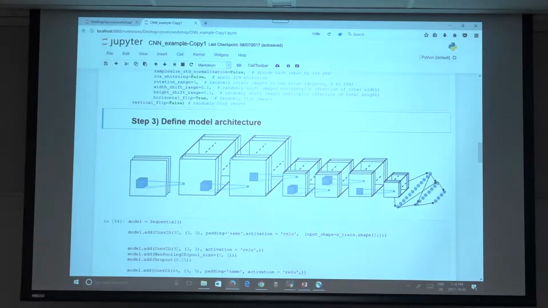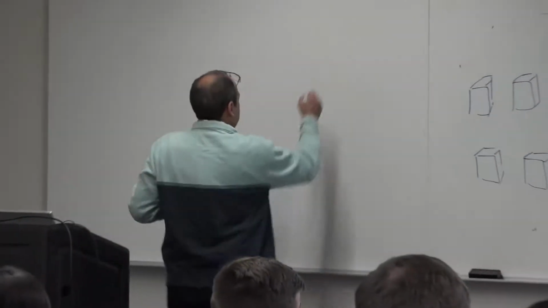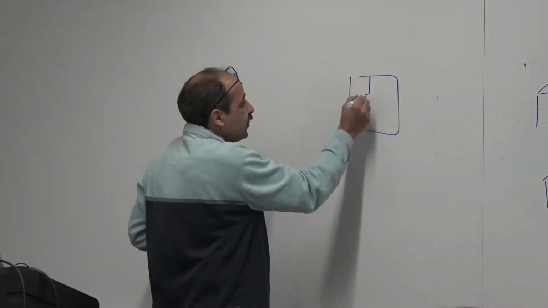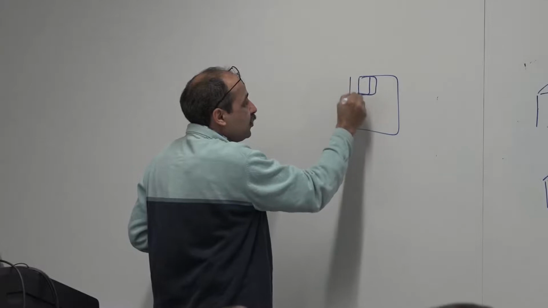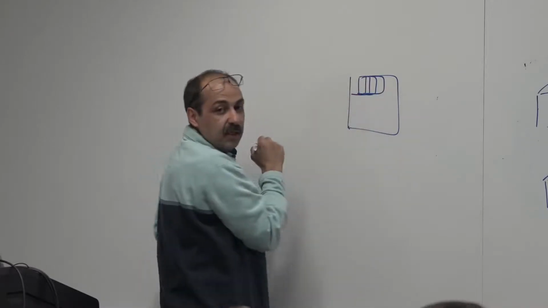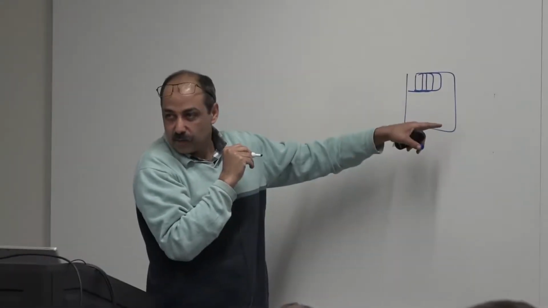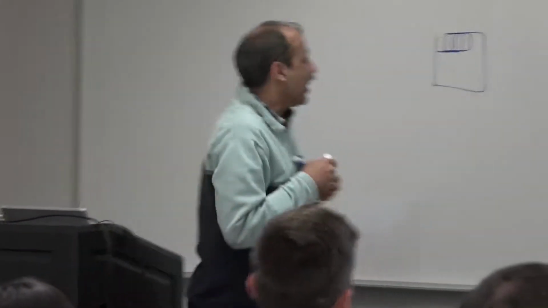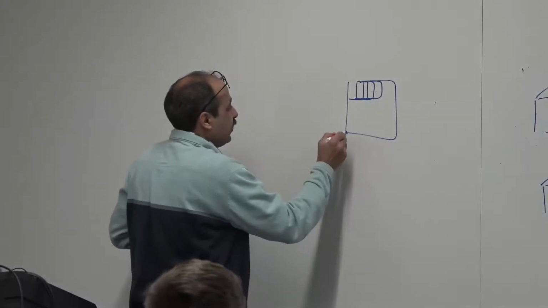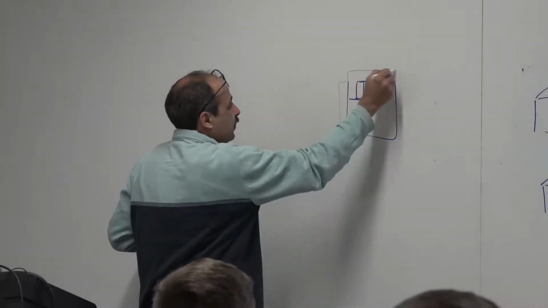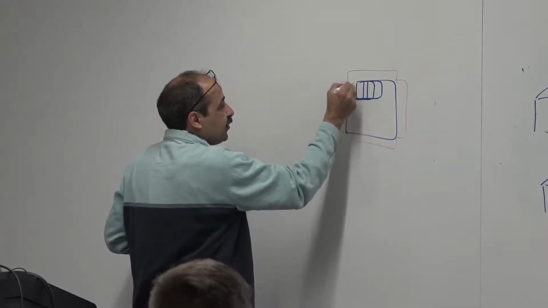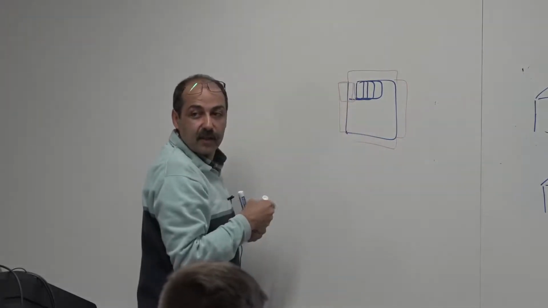Padding means that you have this 32 by 32 image, and if you just start to convolve this with 3 by 3, the size would be less than 32 by 32. But I can do padding in the sense that I can add some pixels here. And when I convolve this way. Okay?